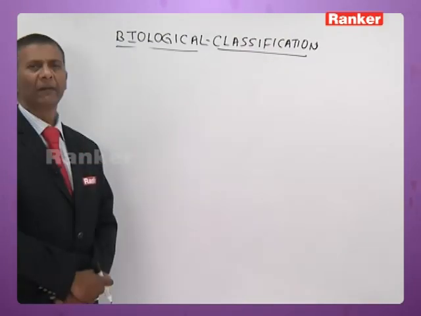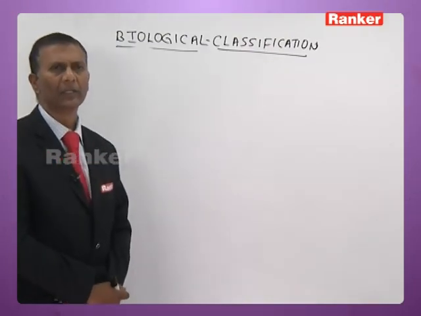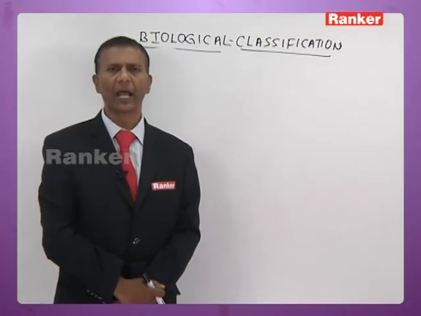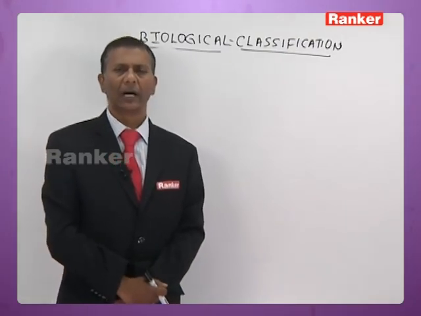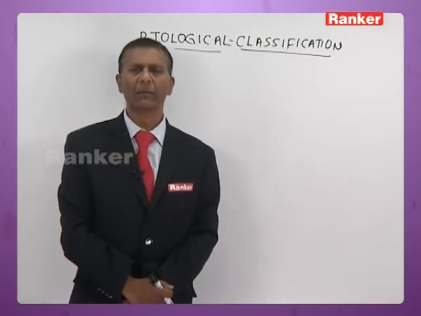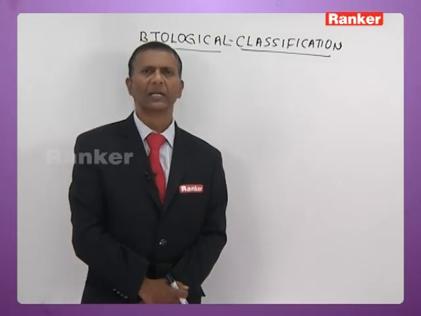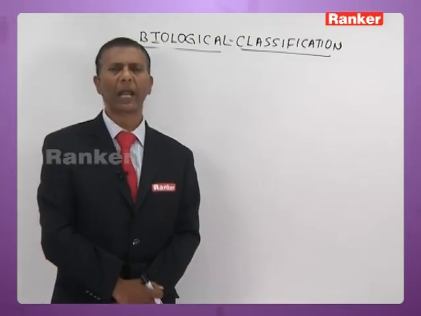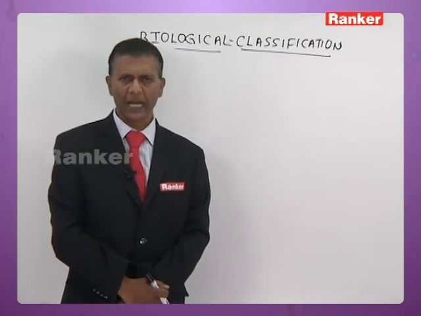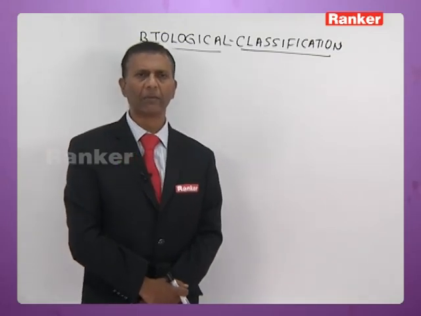Now, Whittaker's classification. In Whittaker's classification, Animalia is divided into different groups on the basis of various characteristics. They are also called basic body plans. They are the fundamental characteristics of the Animalia.